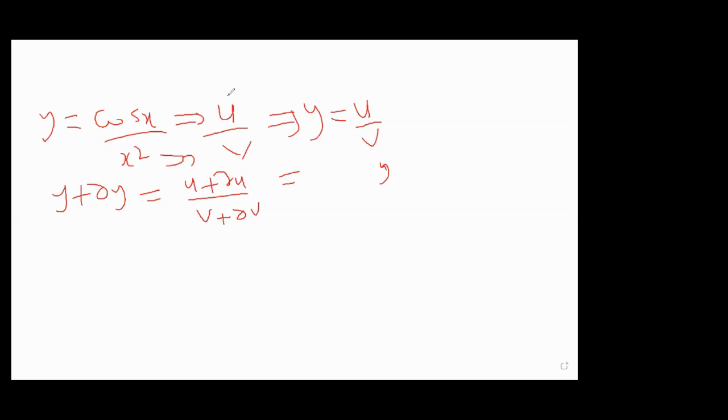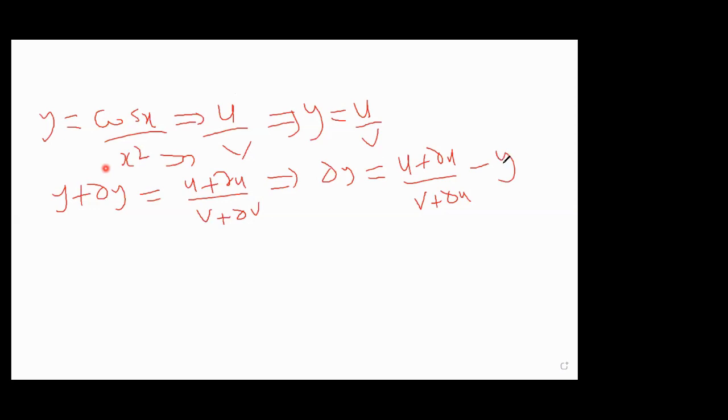Let me clean the board. We can write this like this: y plus del y is equal to u plus del u all over v plus del v, minus y. Do you know why we make it minus?